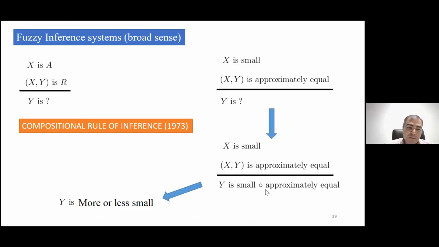For example, here, the fuzzy constraint on X is A, and it is explicit, but the fuzzy constraint on Y is implicit in R. So the FIS outputs the fuzzy constraint on Y, and actually it explicitates the fuzzy constraint on Y. The reasoning mechanism is often that of the composition rule of inference.